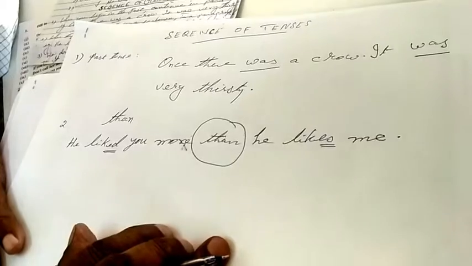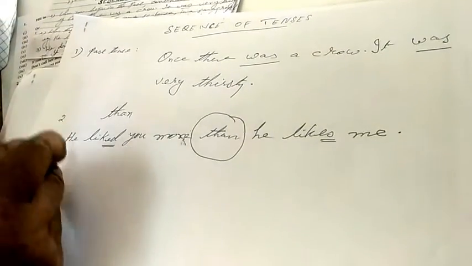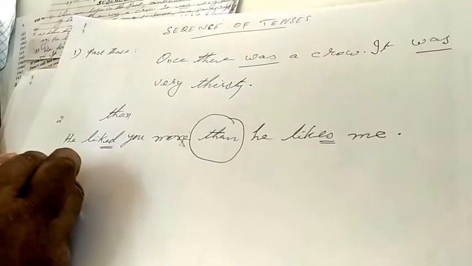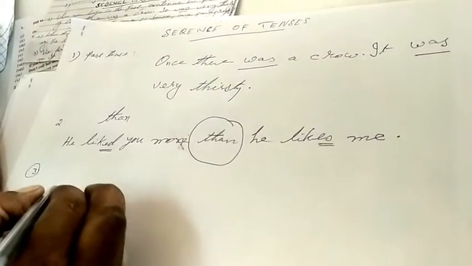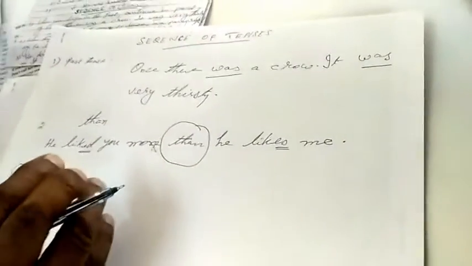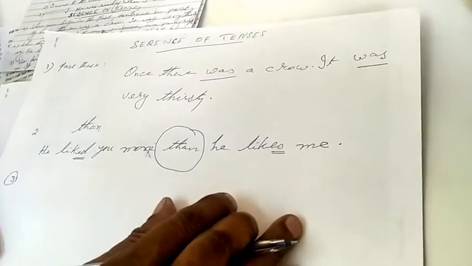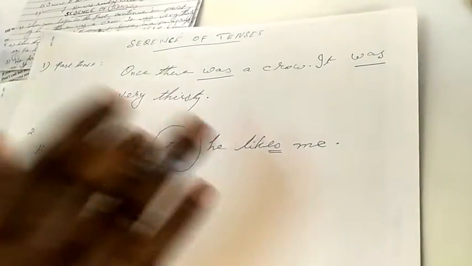The next rule you need to remember about the sequence of tenses is the use of future. Normally, we don't use double future, meaning thereby, in a given sentence, we don't use future tense twice. So let me first write an example.